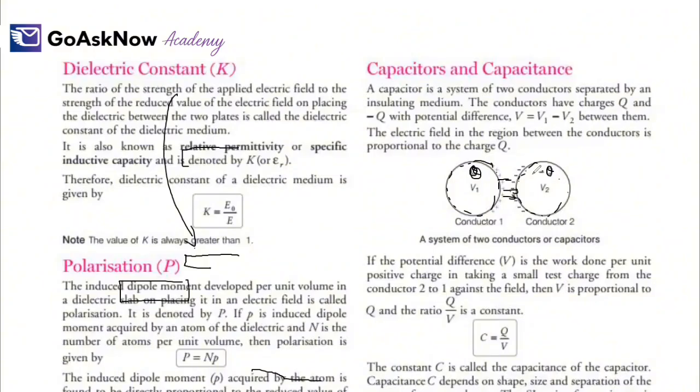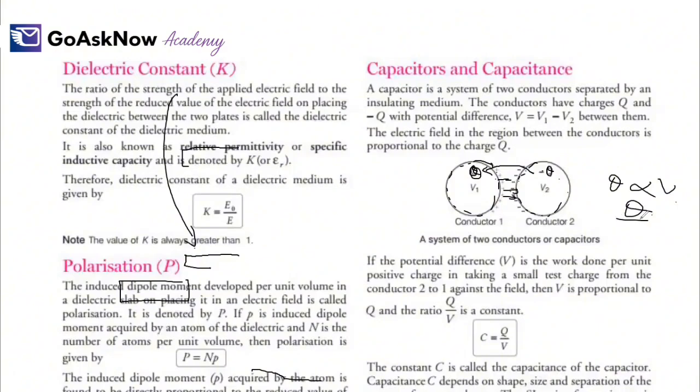So what is capacitance actually? If you have to move a unit positive test charge from conductor 2 to conductor 1 against the field, then V is proportional to Q. You have to do some work against the external electric field, and that work done is the term associated with capacitance, and your Q will be directly proportional to V here.